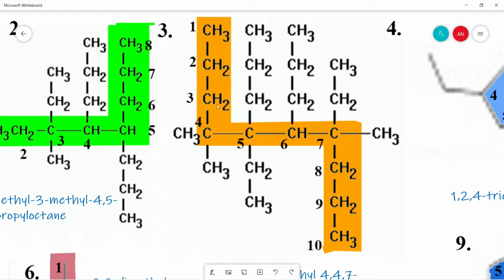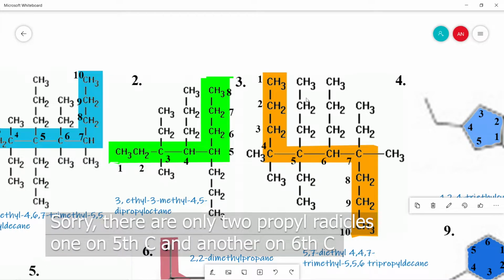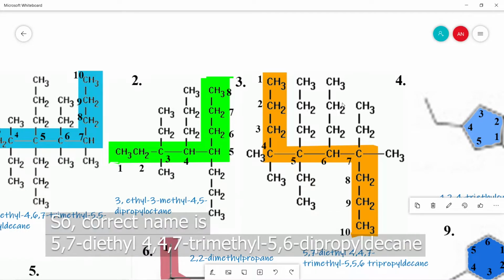First we see alphabetically whether there are ethyl radicals. Yes, of course there are. There are ethyl radicals on the 5th and 7th carbons, so 5,7-diethyl. After that there are three methyl radicals, one on the 4th, another on the 4th, and the last one on the 7th carbon, so 4,4,7-trimethyl. Then there are three propyl radicals, 5,5,6, so 5,7-diethyl-4,4,7-trimethyl-5,5,6-tripropyldecane.